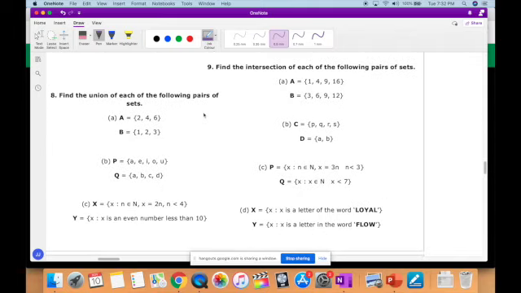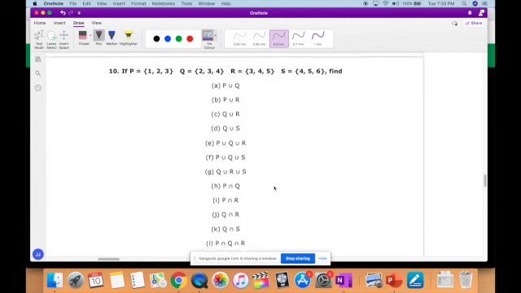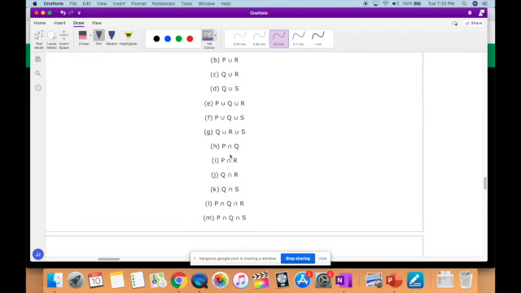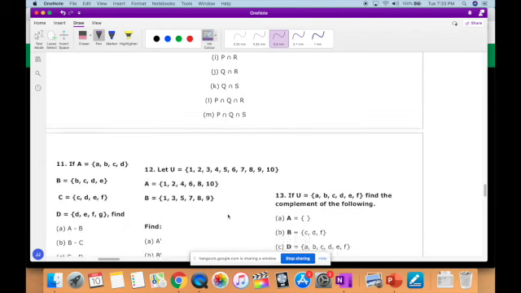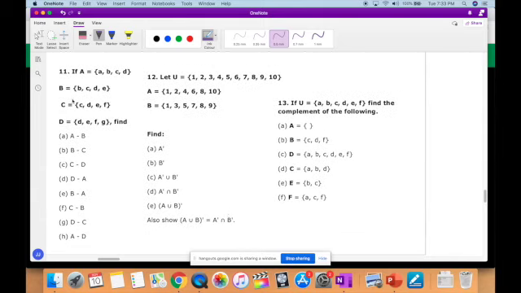Nice. Number 8. This is where we're dealing with unions and intersections. Over here, they give you 4 sets, and they ask you to find all of these unions and intersections here. These questions here, they give you four sets, and they ask you to find these differences.